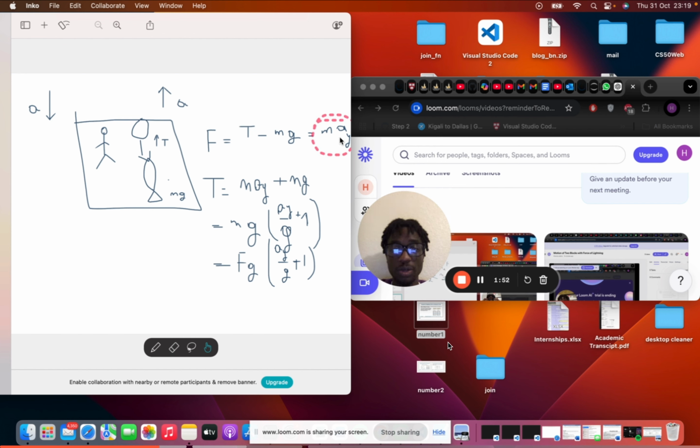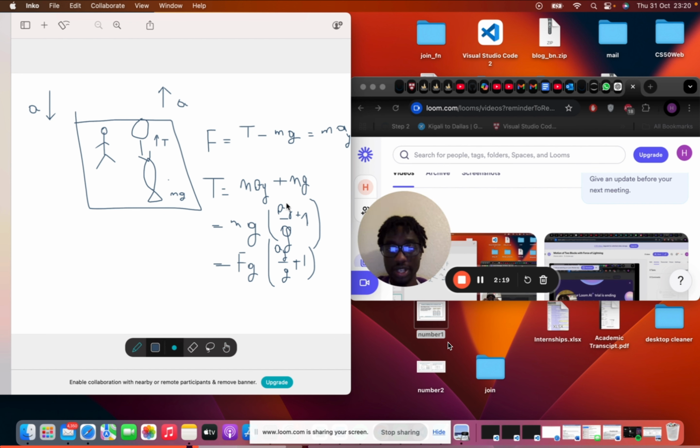Acceleration will be zero if the elevator is at rest, but it will change if the elevator starts to move. Our formula: net force equals tension, which is positive because it points in the positive y direction, minus mg, which is negative because it points downwards in the negative y direction, and this is all equal to mass times acceleration.